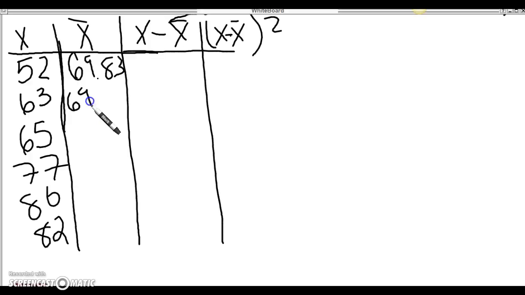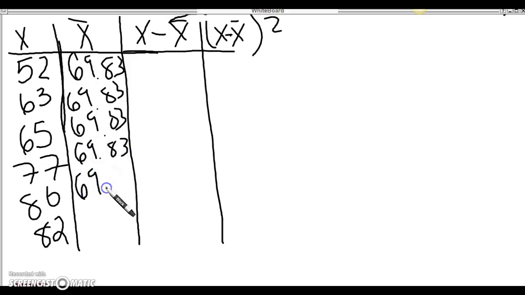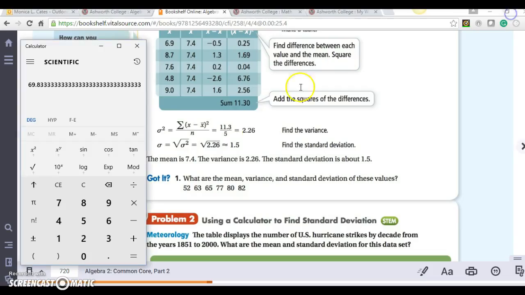And now I do it just like they did. Okay. Next I'm going to subtract. So the first one is 52 minus 69.83. And I get negative 17.83.